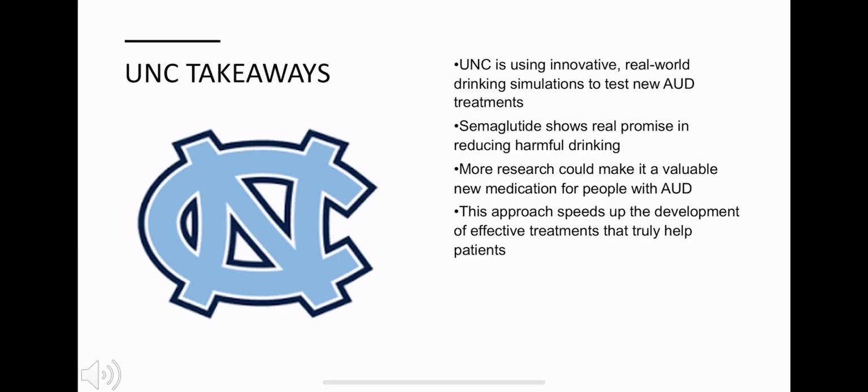But additionally, it is also very helpful that this type of research is being conducted at UNC and can set the ground for additional research in the future. So more research could make it valuable for new medication for people with AUD, and this approach speeds up the development of effective treatment that truly helps patients.